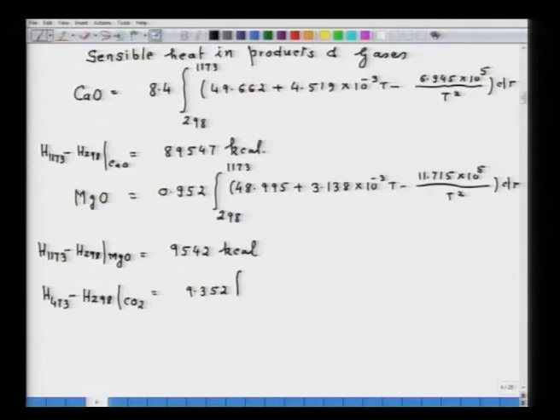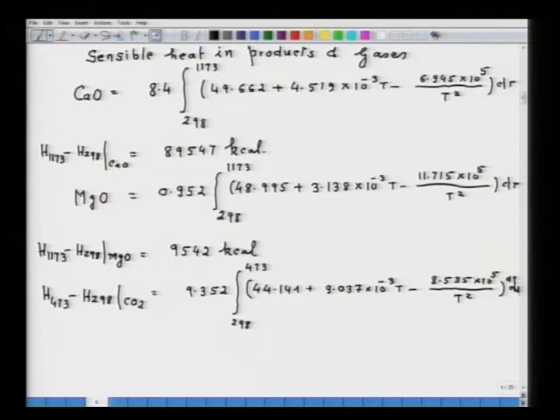I have to write its Cp value from 298 to 473: 44.141 plus 9.037 into 10 to the power minus 3 T minus 8.535 into 10 to the power 5 upon T square, to integrate it dT.